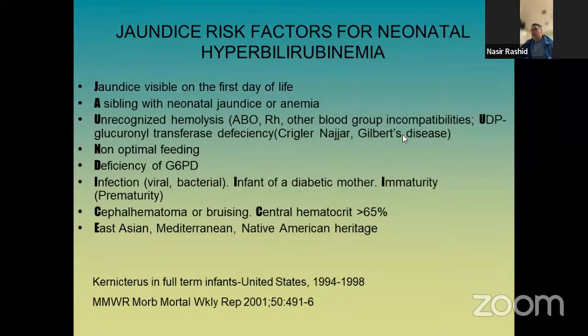If there's a history of a sibling with neonatal jaundice or anemia, that means that there may be an Rh incompatibility or ABO incompatibility. And then unrecognized hemolysis, both ABO and Rh, and then Crigler-Najjar and Gilbert. So if you have already excluded ABO and Rh and you have ongoing hemolysis with retic count being high and hematocrit dropping, then consider Crigler-Najjar and Gilbert syndrome as a probability. Non-optimal feeding, we talked about it.